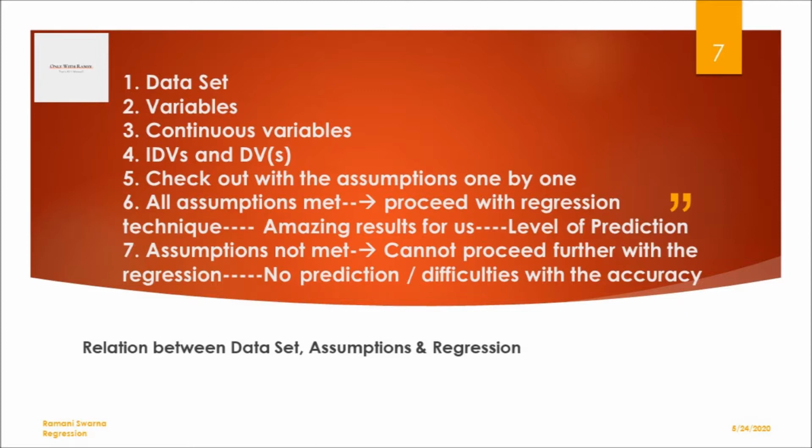The choice is yours, depending upon what kind of test you want to apply on your data set. You can check the level of predictions and proceed further. If assumptions are not met, I'm not going to proceed further. I can just stop there. I cannot make the prediction. However, can I rework on them in order to get accuracy and remove the difficulties one after the other? So this is how you are going to understand and see the relationship present in your data set, moving to assumptions, and then entering the zone of regression.